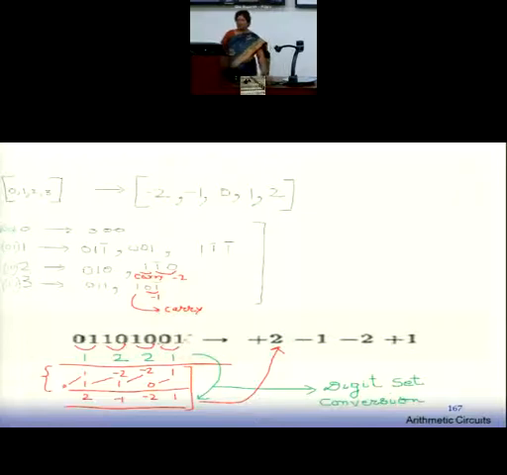Ma'am, here you will take the weight as 2 only. Why? 2 to the power 0, 2 to the power 1. We are representing by 3 binary bits. It's not one binary bit; you are representing 1 digit by 3 bits. Yes, you are correct. Because 0 is represented as 3 zeros.